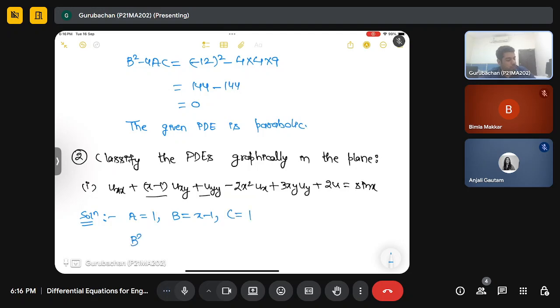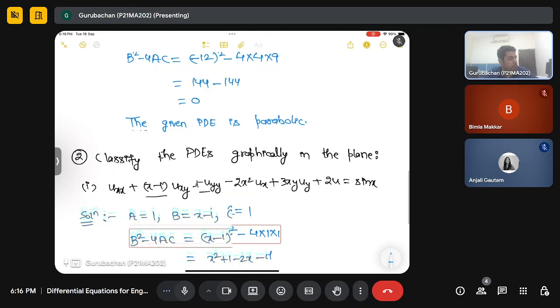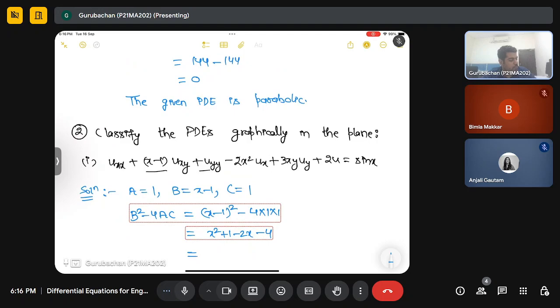So B square minus 4AC will be (x minus 1) whole square minus 4 into 1 into 1, which will give you x square plus 1 minus 2x minus 4. So this will be x square minus 2x minus 3.